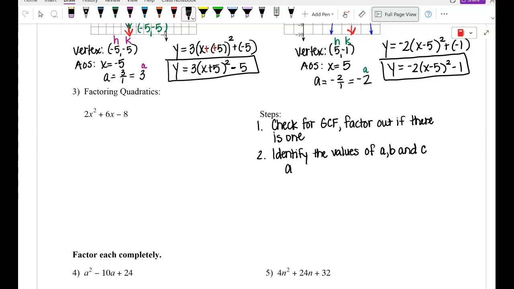So we're talking about ax squared plus bx plus c. A is going to be the value in front of the x squared term, B is going to be the value in front of the x term, and C is going to be the constant at the end.